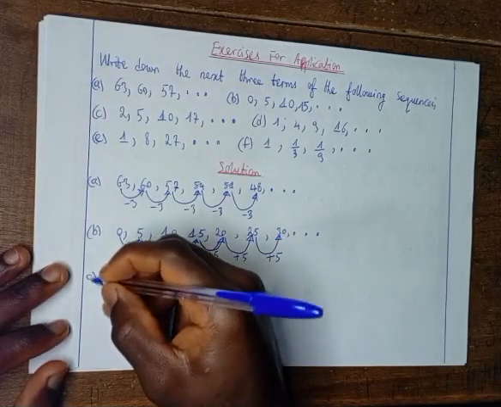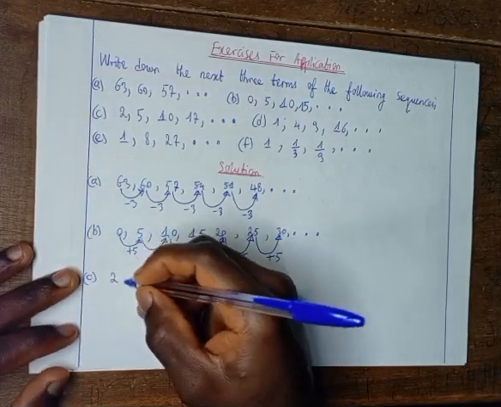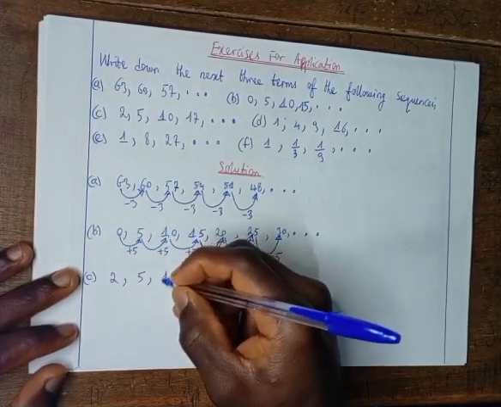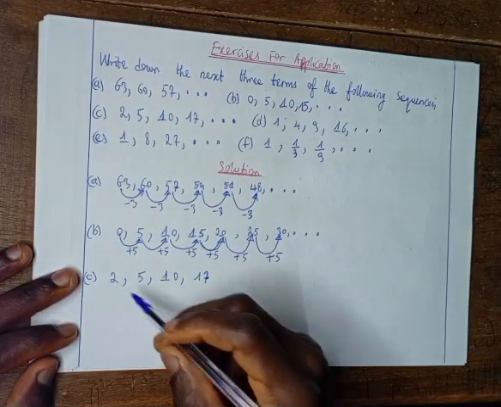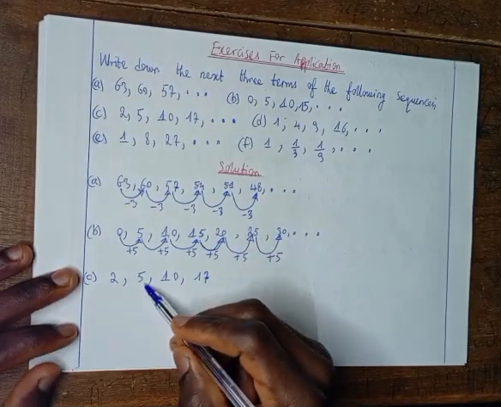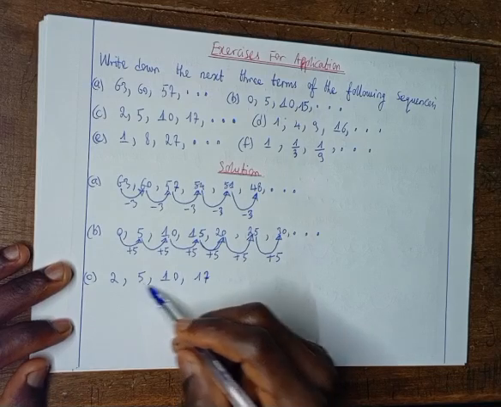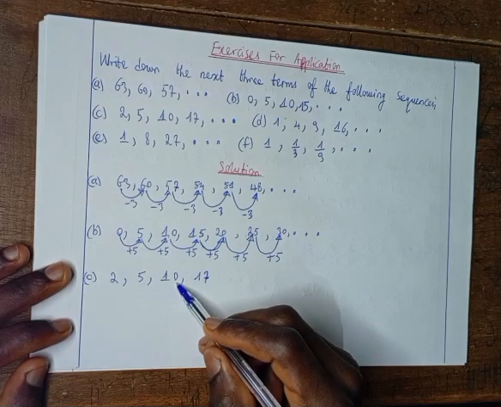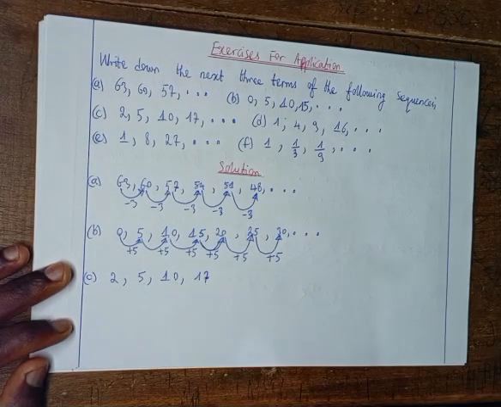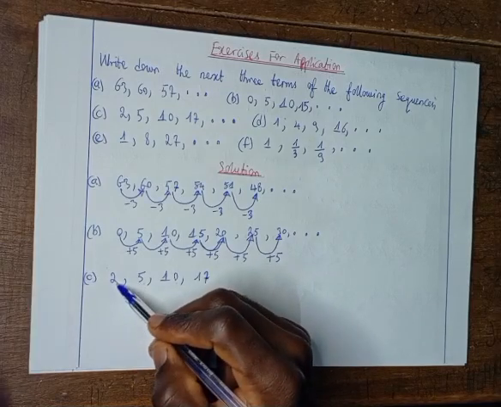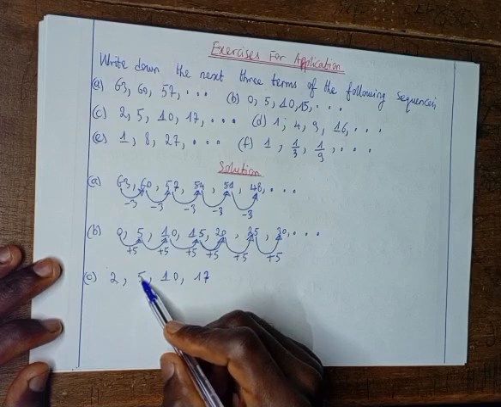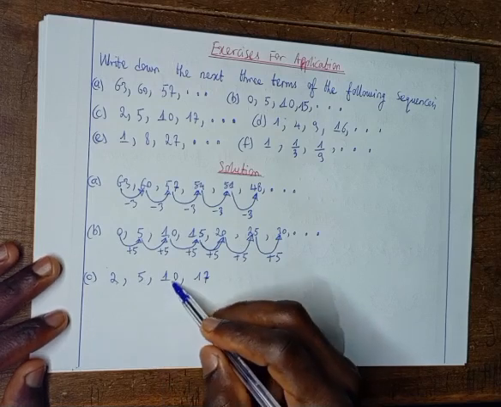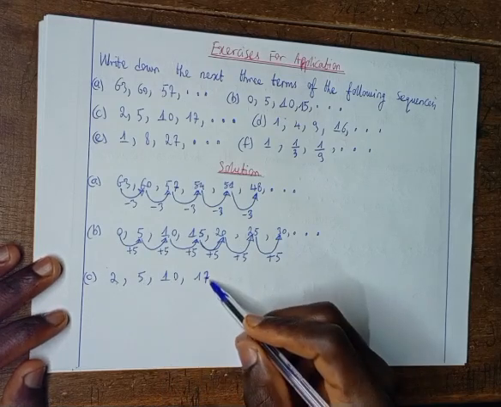We go now to C. For C, we have 2, 5, 10, 17. 2 to 5, from 5 to 10, 10 to 17. If we go to 2, if we add 3, it gives us 5. 5 plus 5 gives us 10. 10 plus 7 gives us 17.